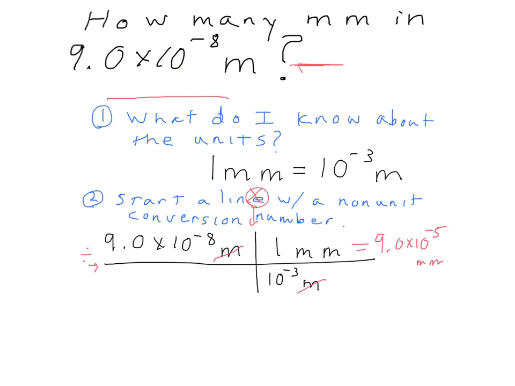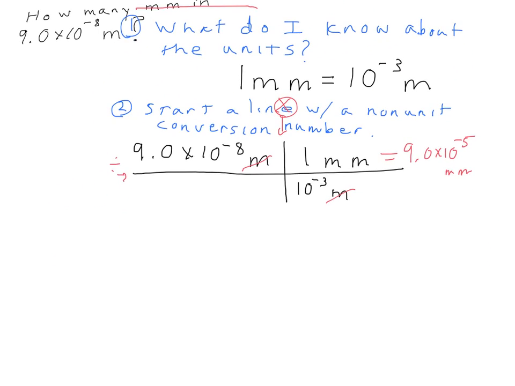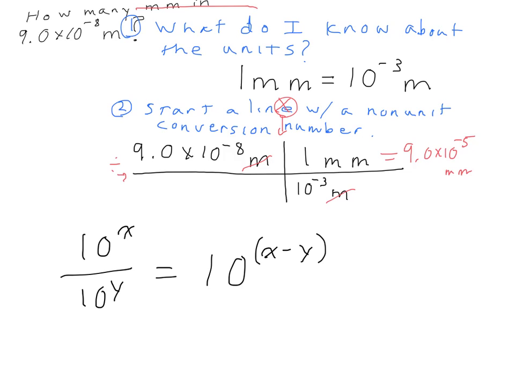This example also provides us with the opportunity to review a couple things. First, let's review our operations. 10 to the x divided by 10 to the y equals 10 to the x minus y. 10 to the x times 10 to the y equals 10 to the x plus y.